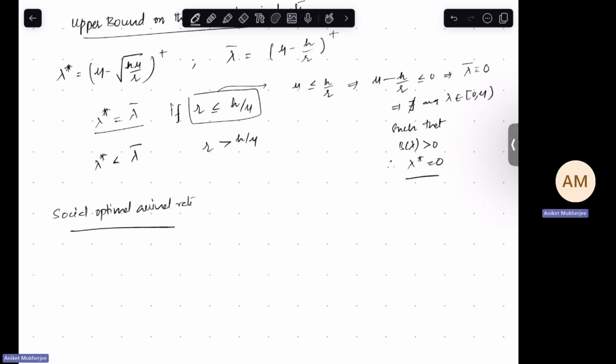Where the social optimal arrival rate is equal to lambda star that we found yesterday. Yesterday we were also discussing the individual optimal arrival rate.